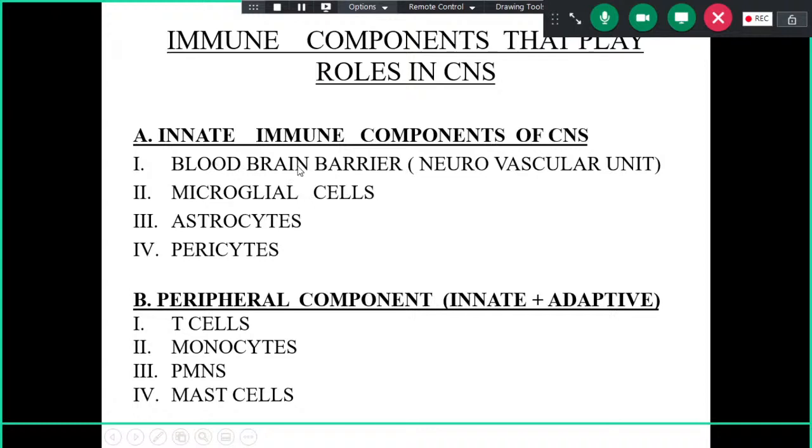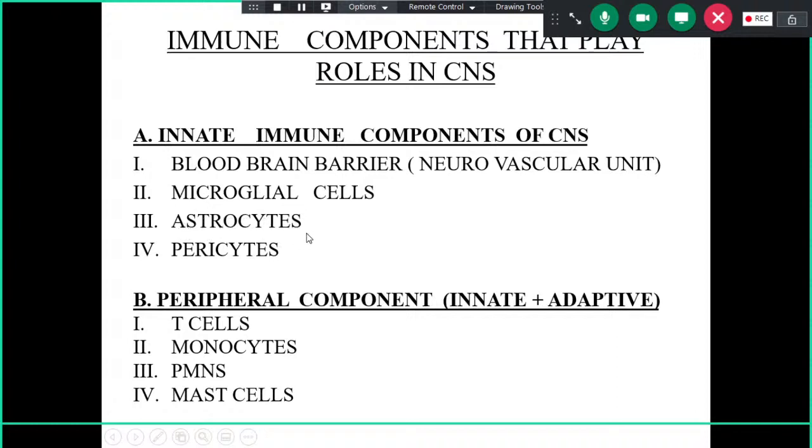In addition to the blood-brain barrier and microglial cells, you have astrocytes. Astrocytes are glial cells. That means that these are non-neural cells, but they originate from the neural crest or the ectoderm.